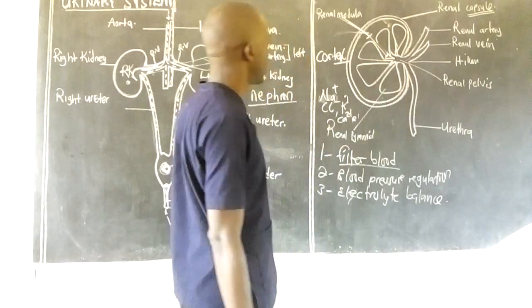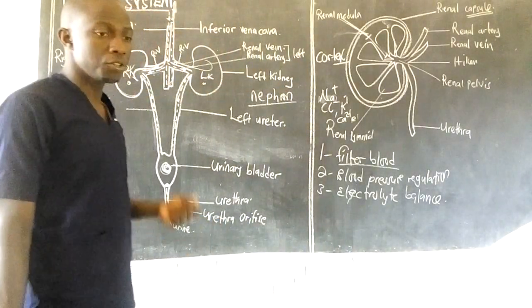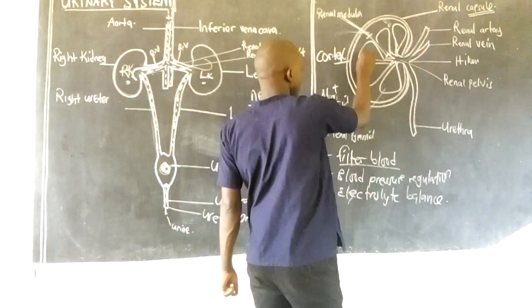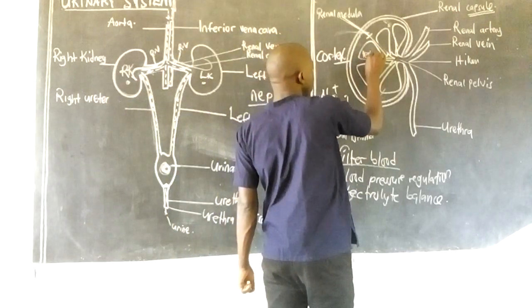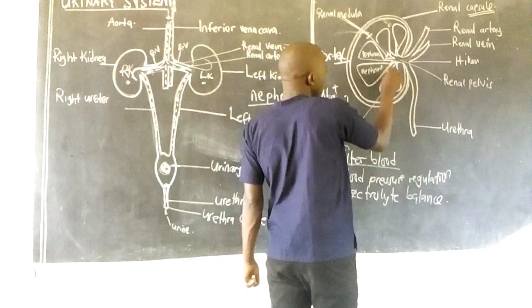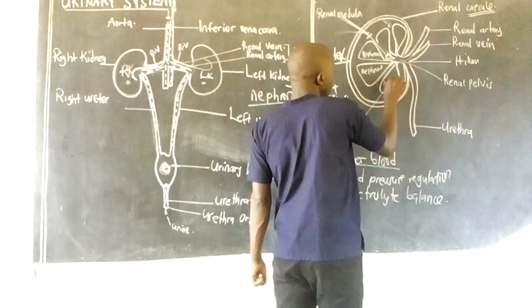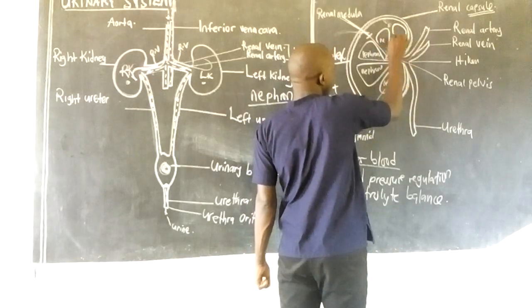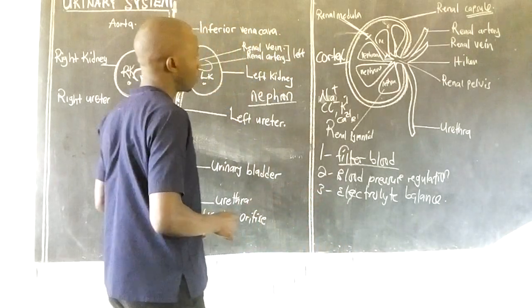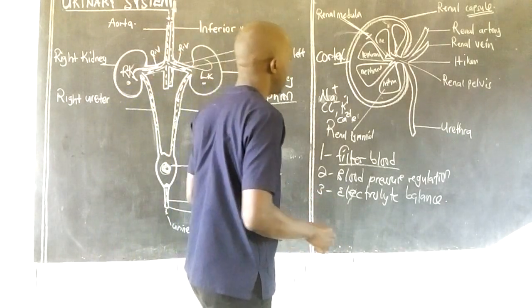And it is in the renal medulla where we have the nephrons. So we have nephrons in the renal pyramids of the renal medulla.